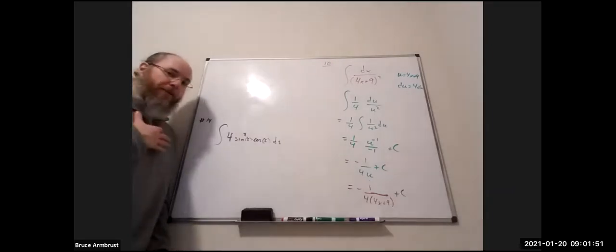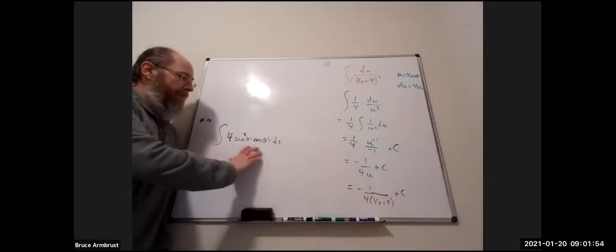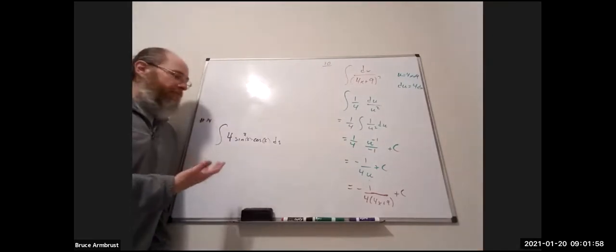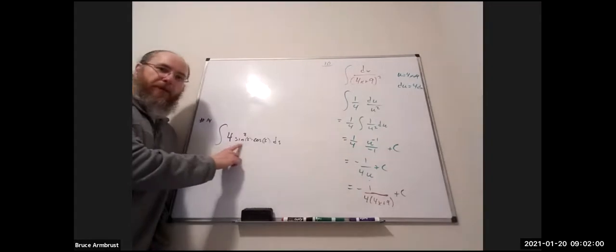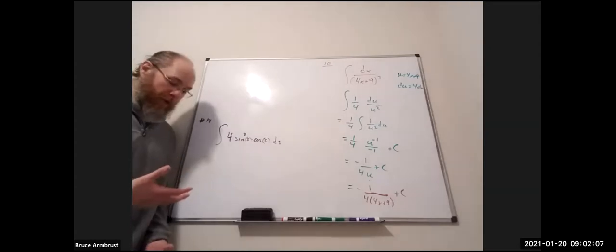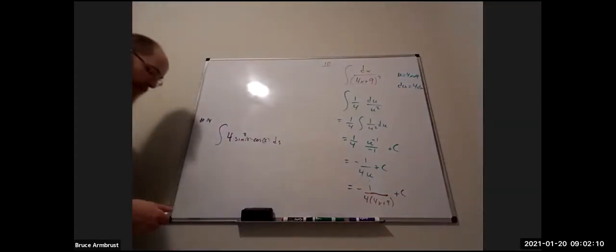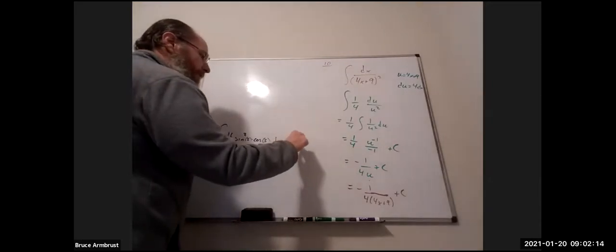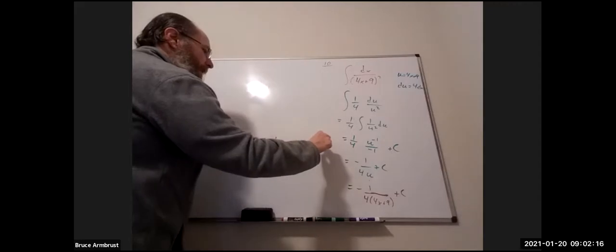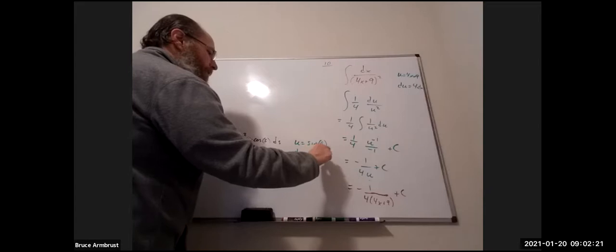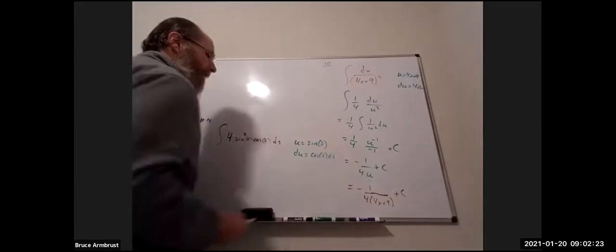But here's what I do to decide. I look at this and I think about which piece is more complicated, the part with the sine or the cosine. Well, clearly the sine bit's more complicated because there's the sine squared. So that's what I'm going to pick for my u. I'm going to let u equal sine squared. Or sorry, sine. So if we let u equal sine of s, then du is equal to cosine of s ds.